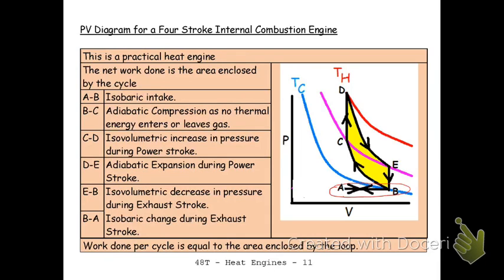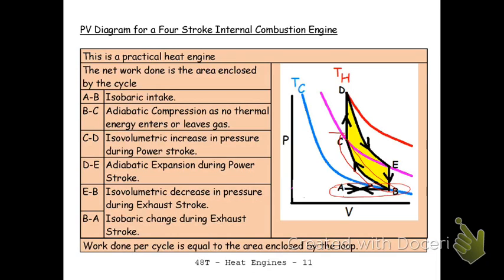When I squish a gas really quickly, is it an isothermal change or is it an adiabatic change? Is the temperature staying the same? No. Am I allowing heat in or out? No. It's so quick. So there's your compression stroke, and that is an adiabatic change.